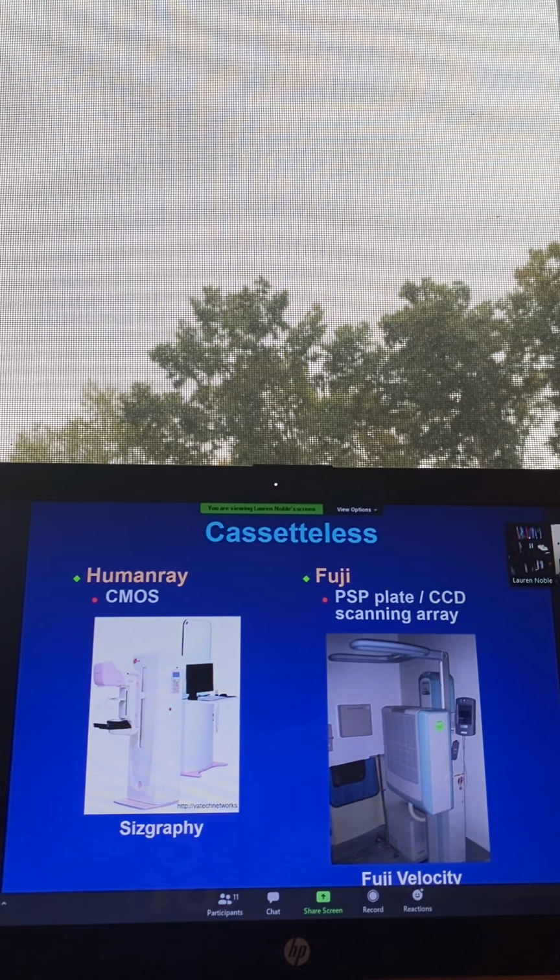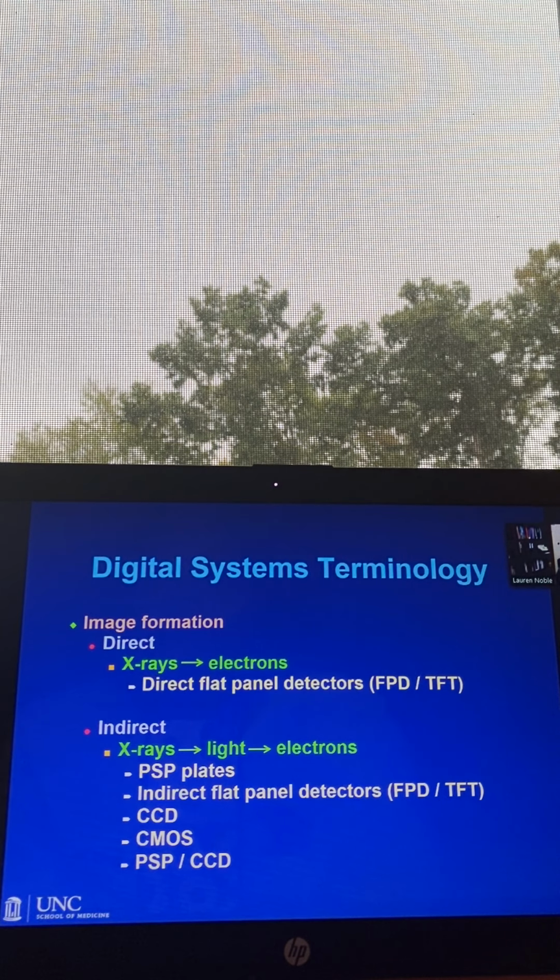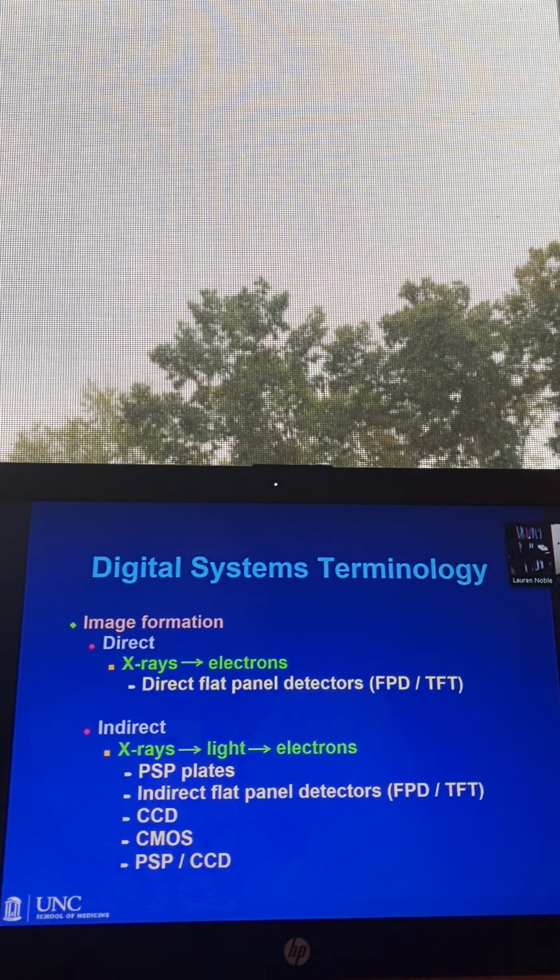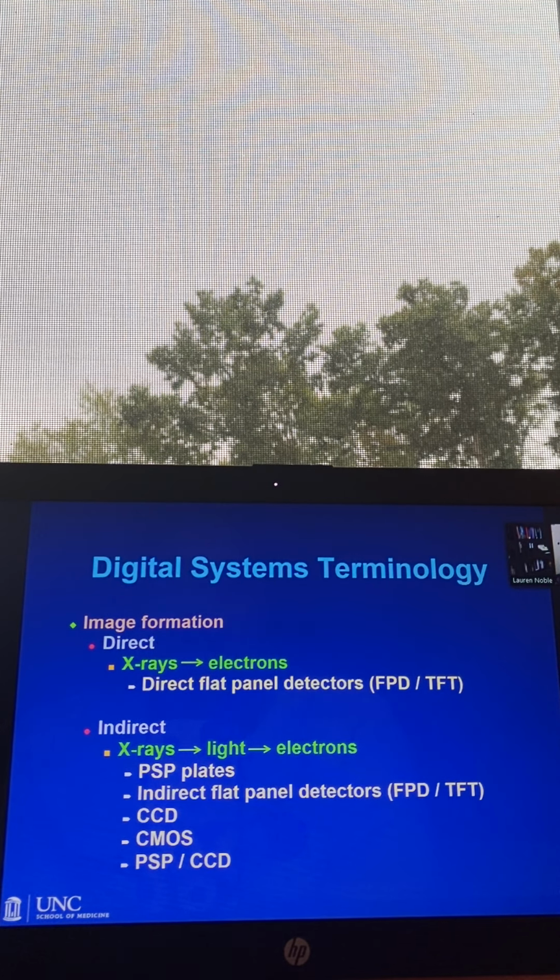Okay. All right. So some of the terminology that you need to know in terms of how the detector forms the image or captures the image. We have direct versus indirect. So in other words, we can categorize our detectors according to how they handle the image data.